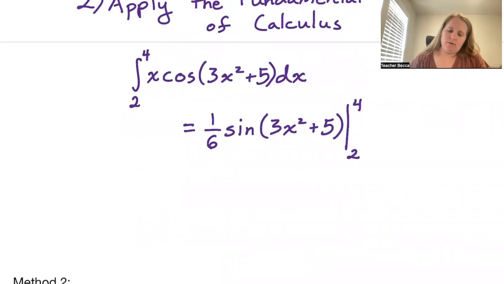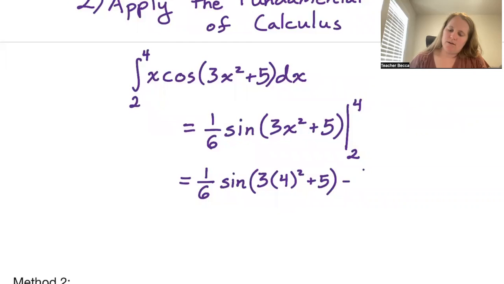This means that we are looking at 1/6 sine of 3 times 4 squared plus 5 minus 1/6 sine of 3 times 2 squared plus 5.